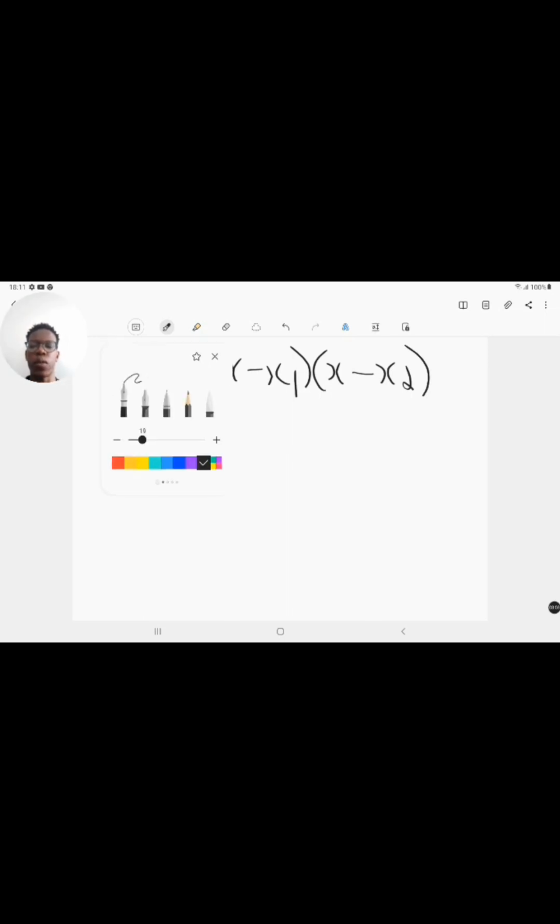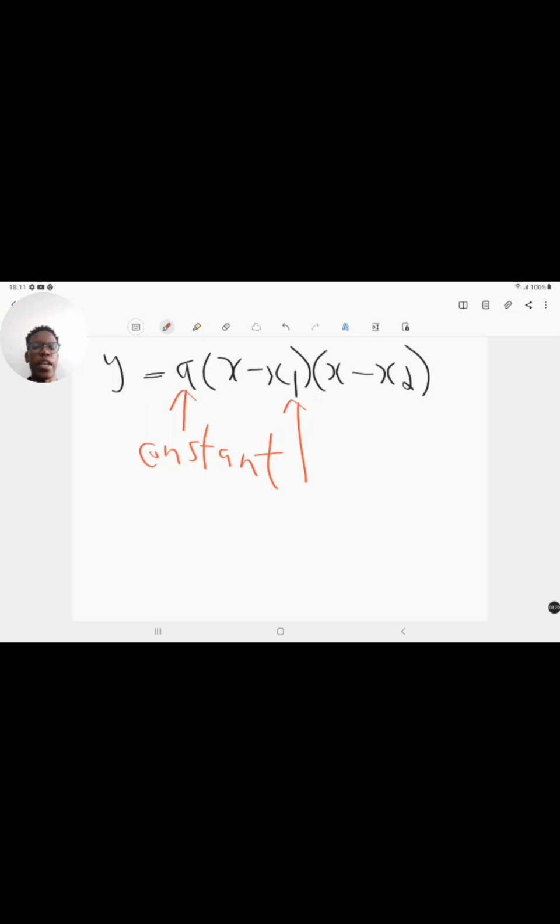Now, what is a? a is just a coefficient. It's just a constant. It's the coefficient of the brackets. It's just a constant number, and it represents a number. Now x1 and x2 are also constants, and what those values are will give us an indication of an important piece of information.